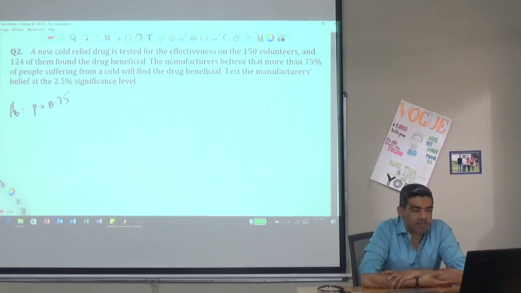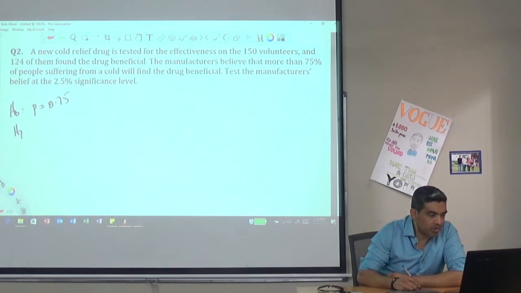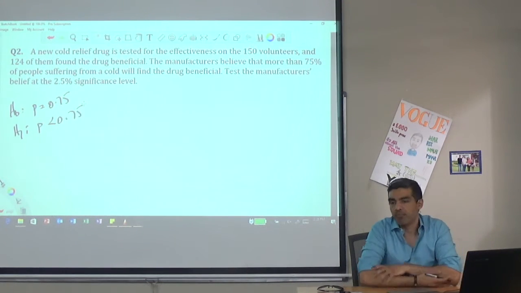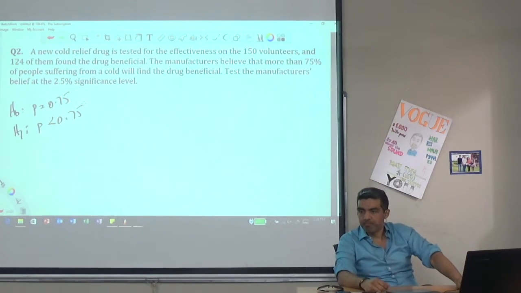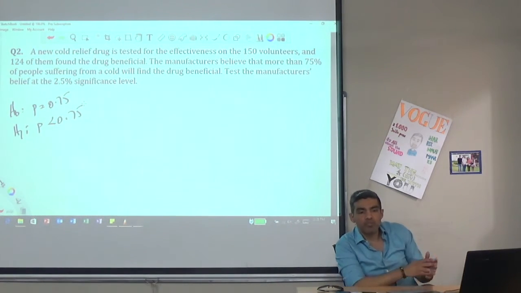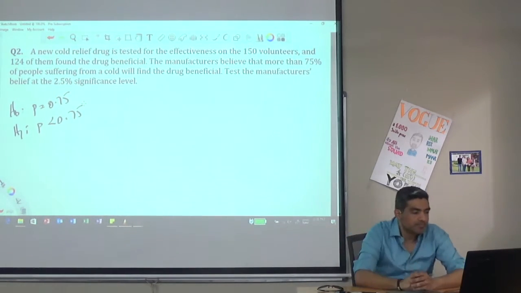You want to test this claim. Your alternative hypothesis is that the proportion is going to be less than 0.75. The claim is 75% or above. So your research would say no, it's not 75% or above, it's less than 75%.